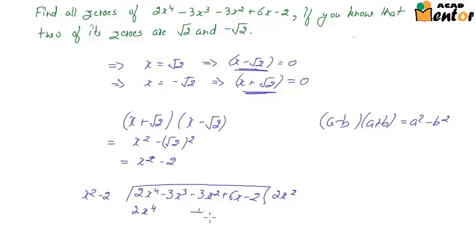Now we have to subtract these terms from the polynomial, so we change the signs. These terms cancel out, so this becomes minus 3x cube plus x square plus 6x minus 2.